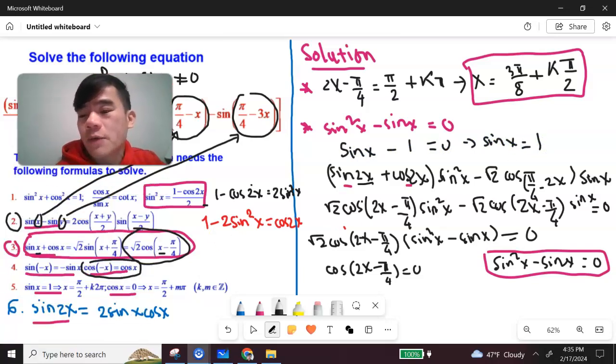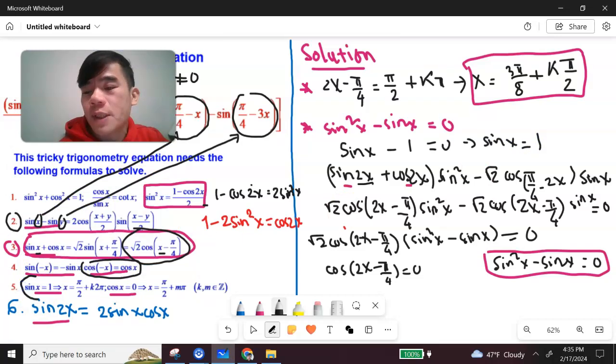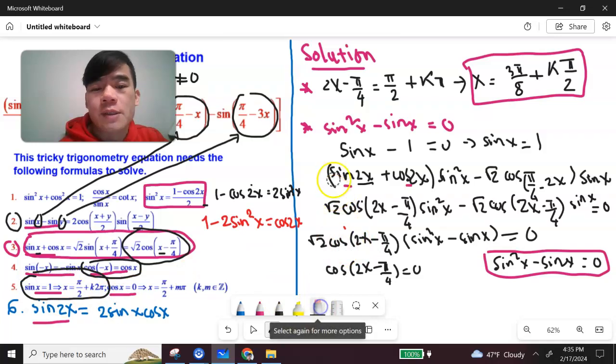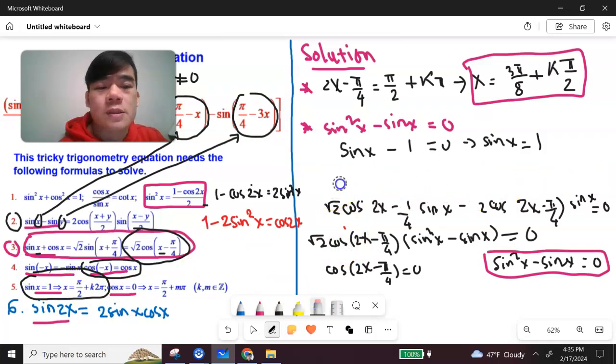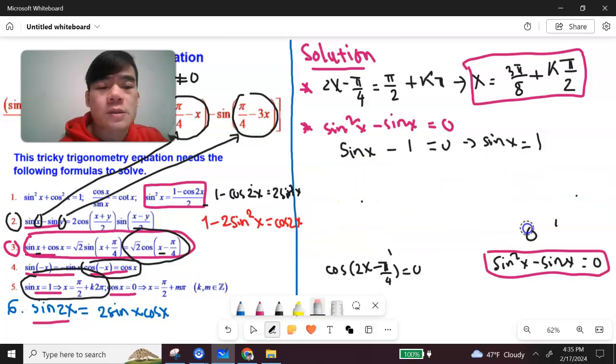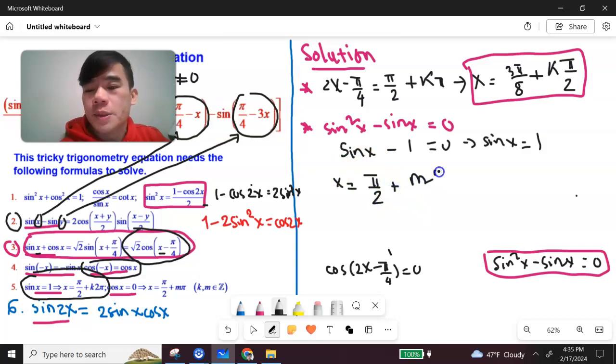Now I use the formula number 5 right here. Alright, sine s equals 1, so s equals pi over 2 plus m 2 pi. I need to use the letter m so that you can see the difference between the first and the second solution.